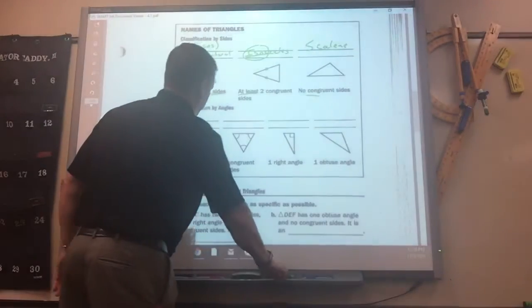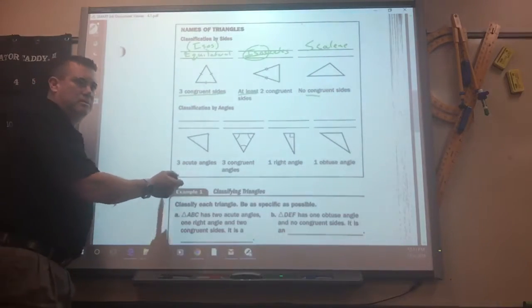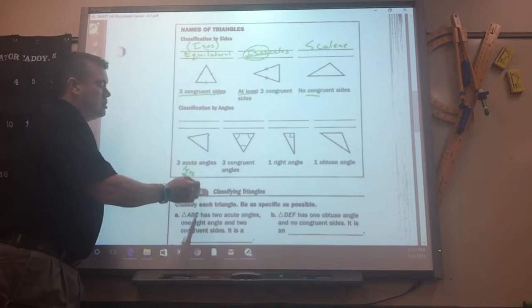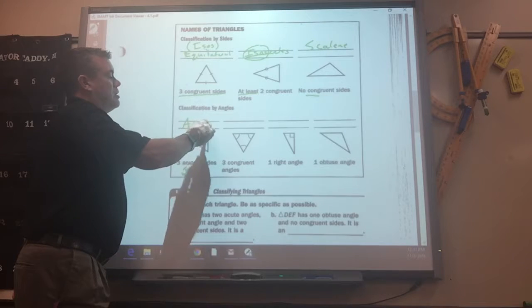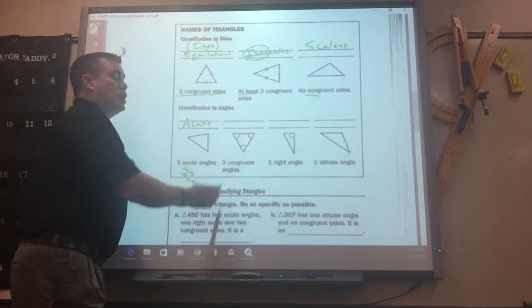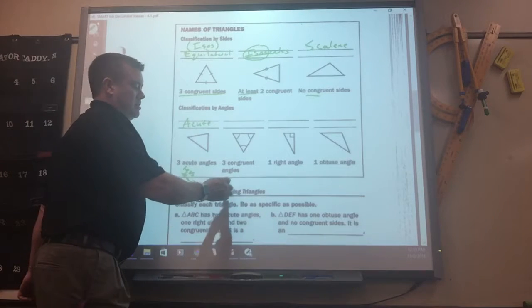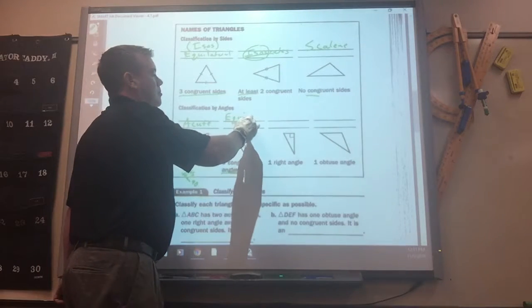Then with the angles, you remember what acute means? Less than 90. So if there are 3 acute angles, then it's just an acute triangle. 3 congruent angles. Equiangular.